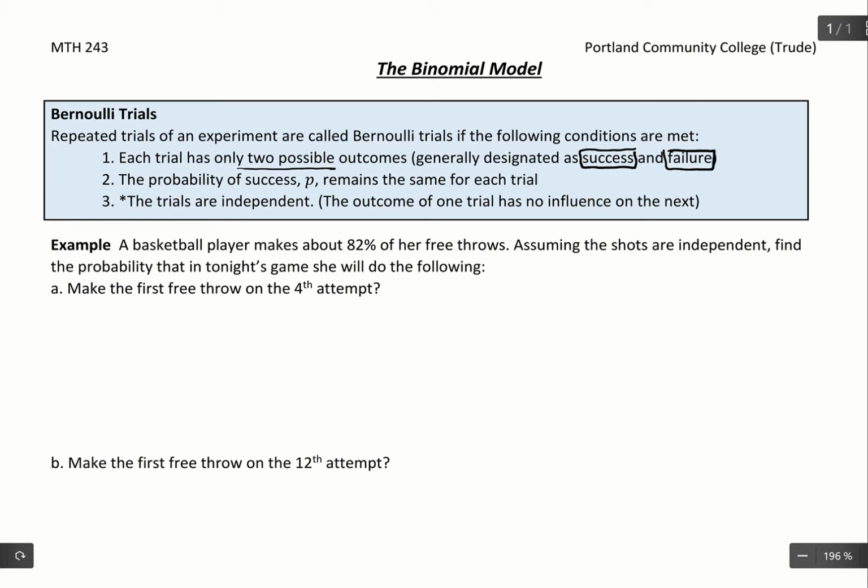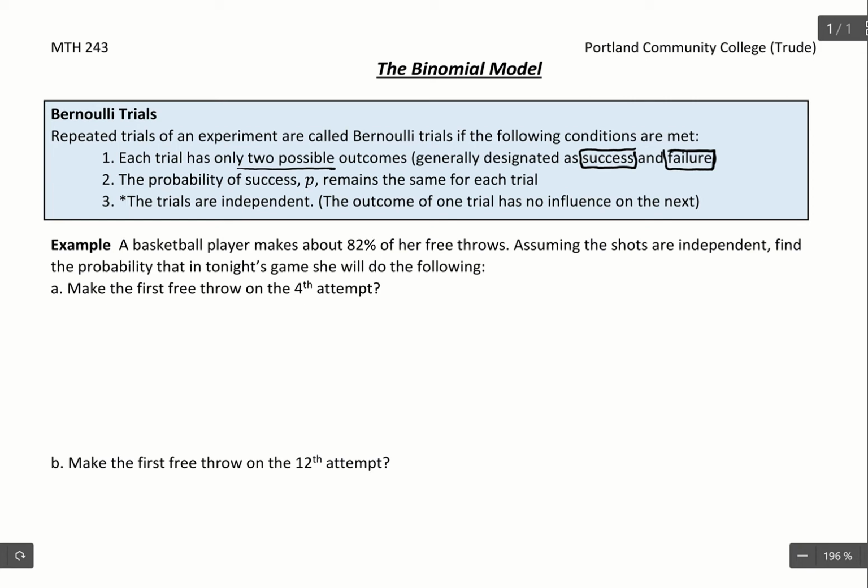Or even there could be an example where you're looking for microchips to fail. And even though that word failure is in there, if it's what we're looking for, that would be considered our success. So just be careful with those terms there. It's more about, is it what we're looking for or not what we're looking for? There should only be 2 possible outcomes.